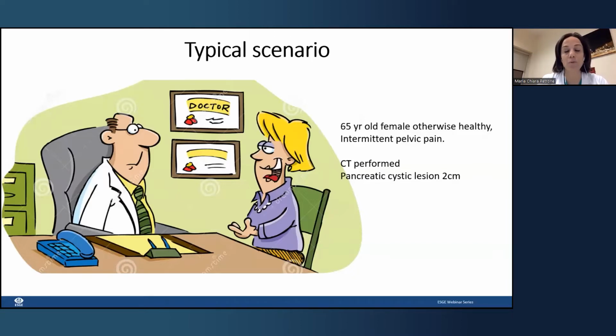A patient comes to our attention because of an incidental diagnosis, and this is a pancreatic cystic lesion. We know that today this diagnosis is very common in the practice of gastroenterologists, and the main reason for this increased incidence is the widespread use of CT and MRI imaging, which have led to the detection of these incidental findings.